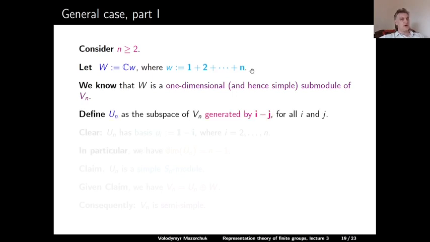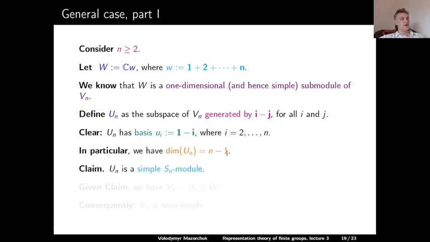So define Un as a subspace of Vn generated by all vectors of the form i minus j, where i and j are elements in the standard basis of the natural module. So clearly Un has a basis given by the elements 1 minus i, where i goes from 2 to n. We denote this element by Ui. So in particular, the dimension of Un is n minus 1.